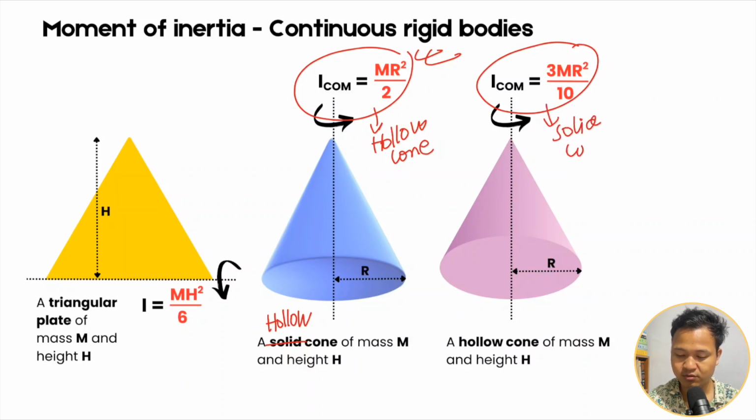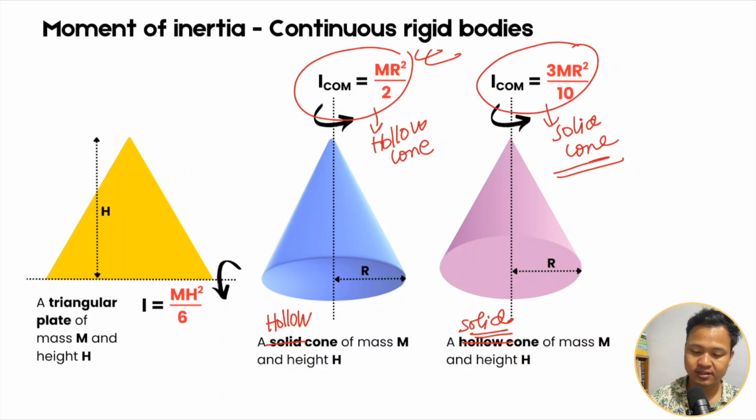So to recap the moments of inertia: for a triangular plate about the base it is mh square by 6, h being height. For a hollow cone it is mr square by 2. For a solid cone it is 3 mr square by 10.